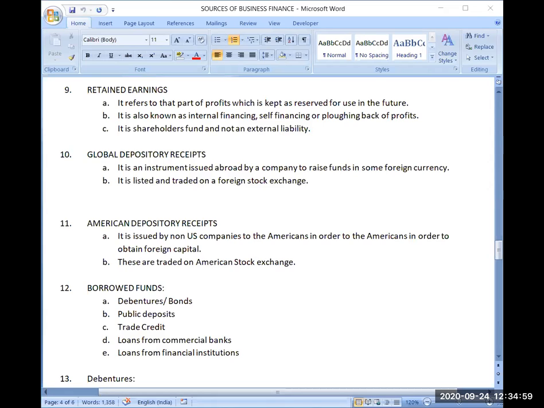Now, as the profit belongs to the owners of the company, whatever profit remains after paying interest on the borrowed funds as well as preference dividend, and after paying tax also, that amount of profit belongs to the equity shareholders. Till here, all the concepts are clear.